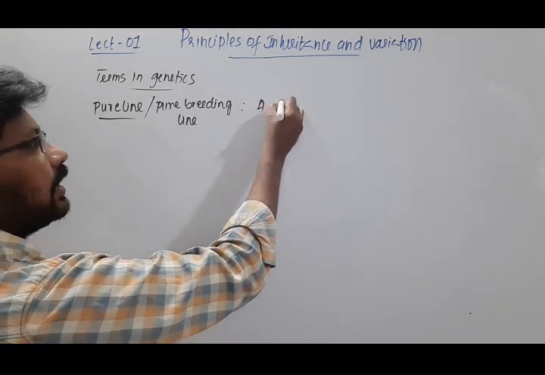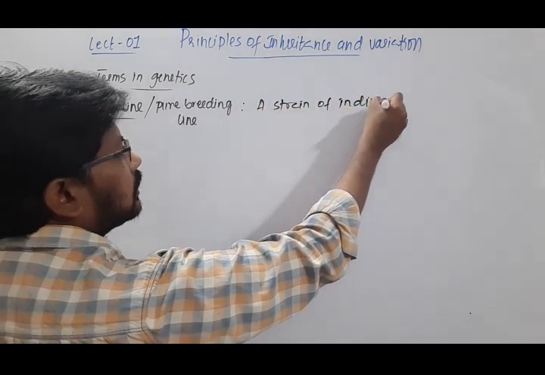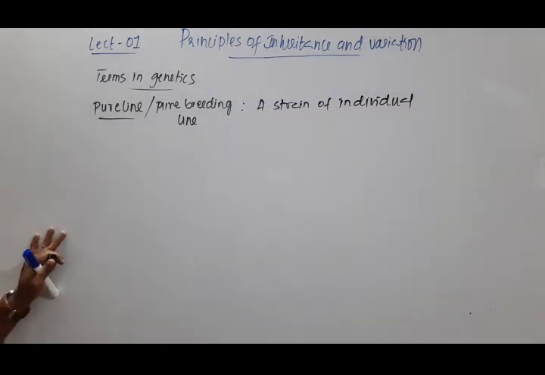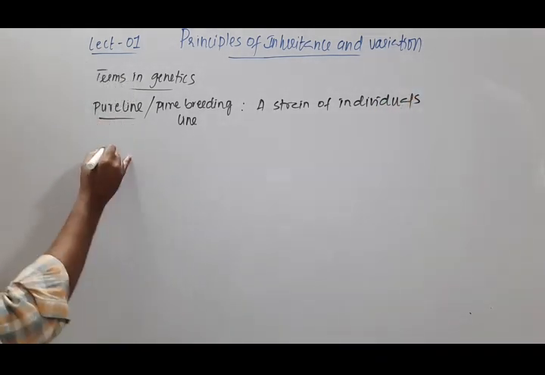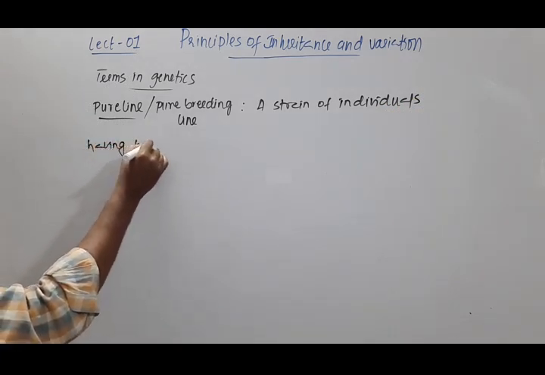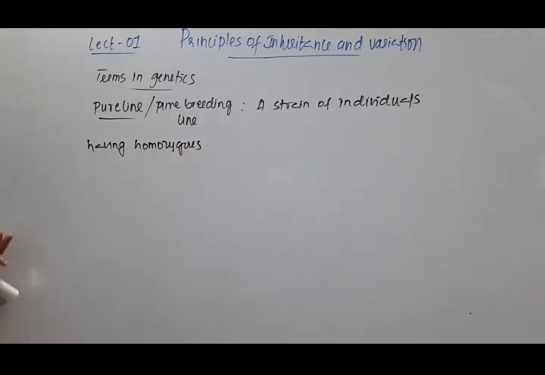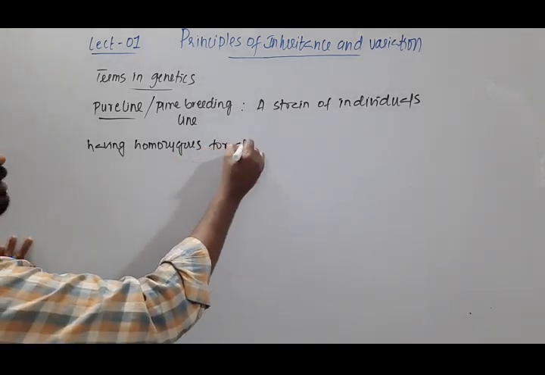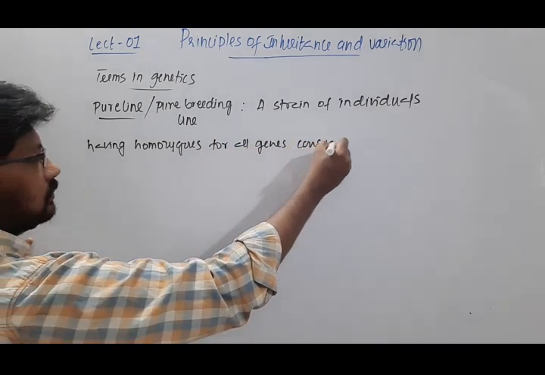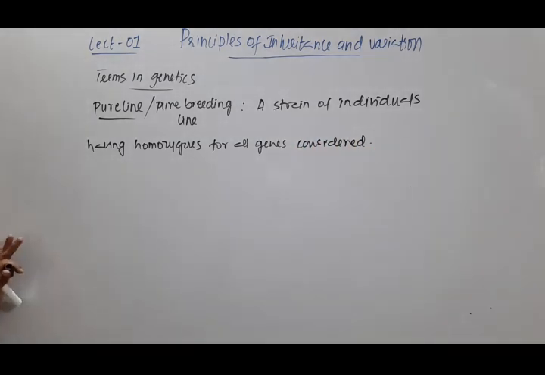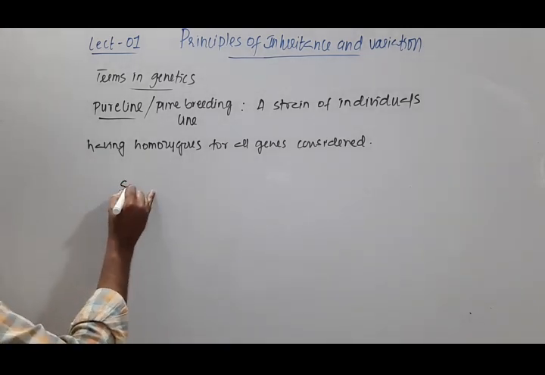So a strain of individuals having homozygous conditions for all genes considered means that for whatever characters we are considering, everything is homozygous, like we have seen earlier with seed color.